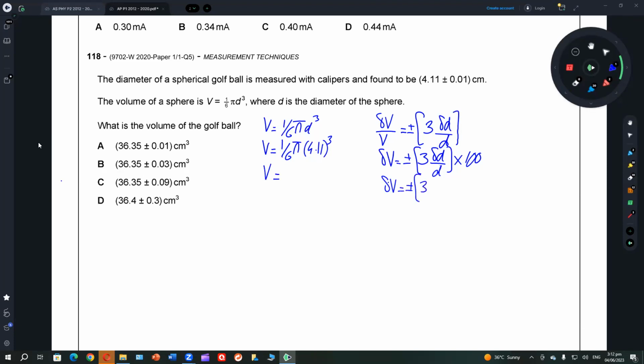The V is coming as 36.35, and 0.01. So in this, the 36.35 will be multiplied instead of the 100, because this time it is not a case of percentage.